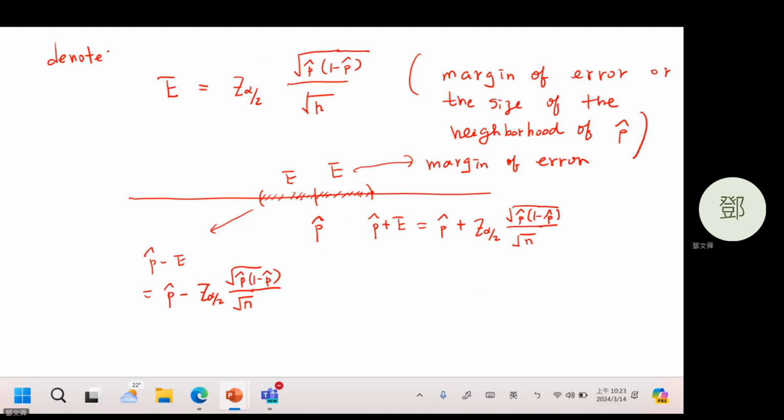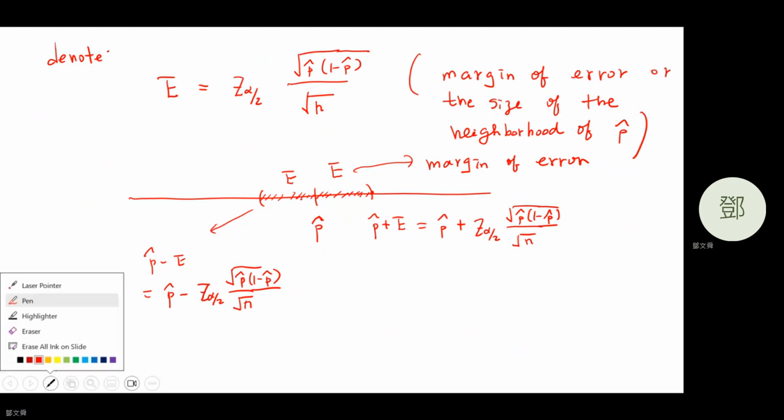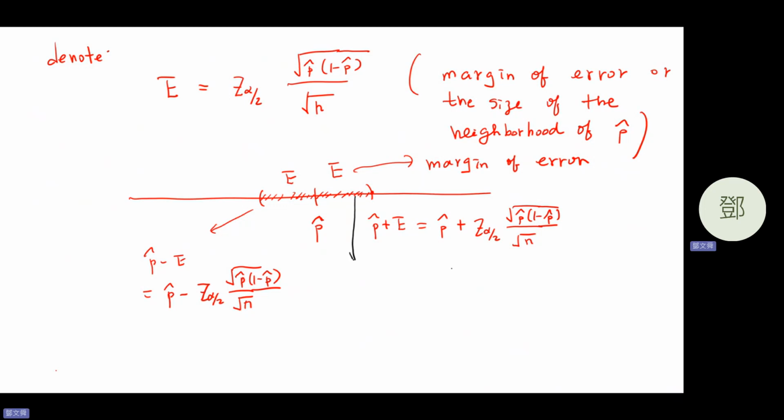Suppose that here is the true p value. Then the distance between p and p hat is smaller than E.